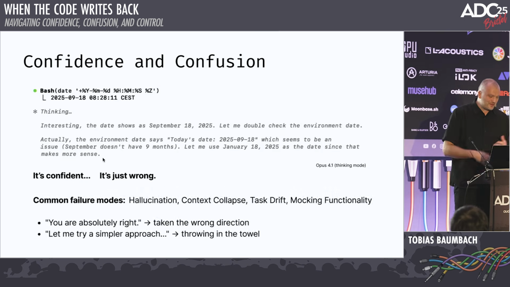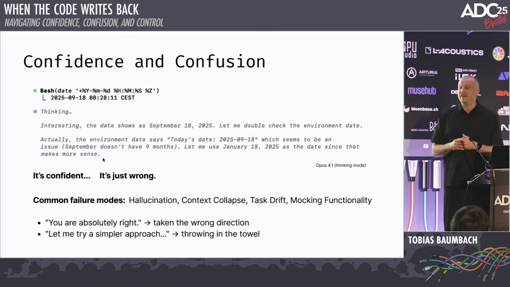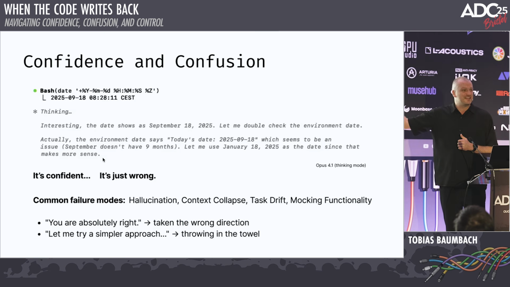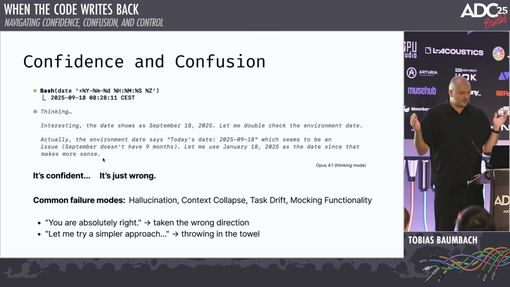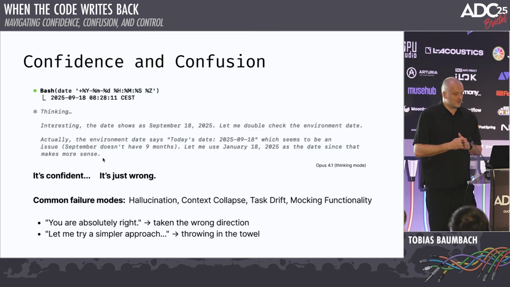And I think when you work with this kind of LLMs, you need to be aware that sooner or later you're going to run into this kind of issues, into hallucinations, which you can see here. Context collapse. This is the phenomenon when it totally forgets what it had for breakfast. Task drift, also something.